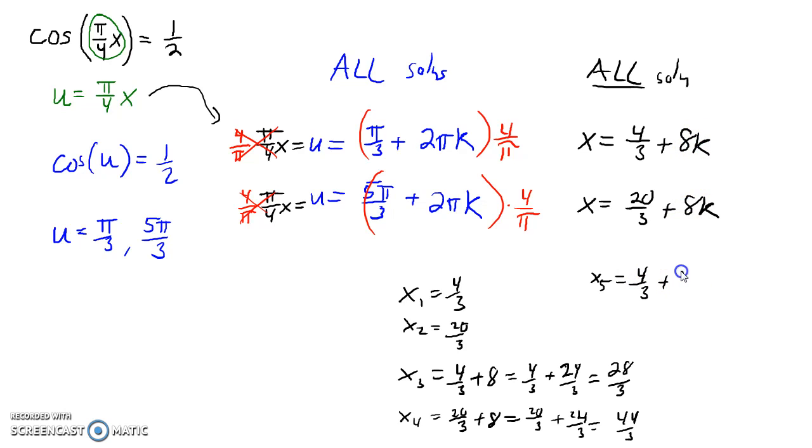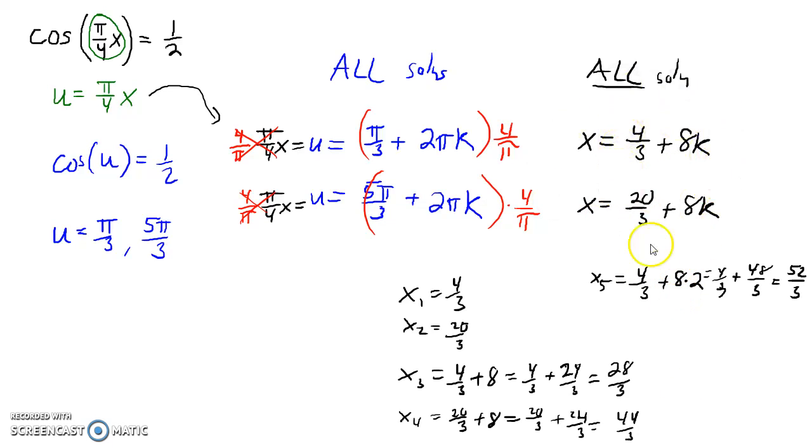So instead of adding just 8, I'm going to add 8 times 2. I'm going to add 16. And if I do that, that's going to be 4 thirds plus 48 thirds is 52 thirds. That would be my fifth solution. I could add 16 to this to get my sixth solution. I could keep on going for as many solutions as I need.